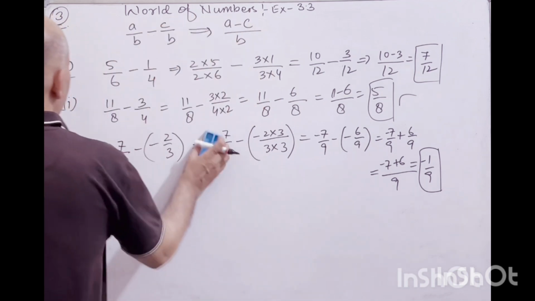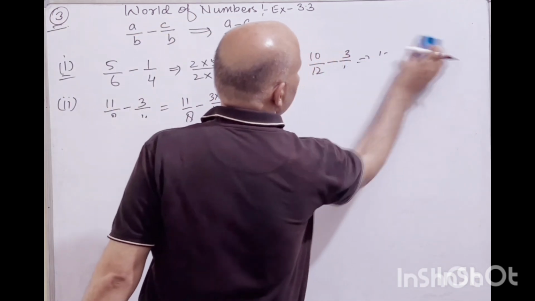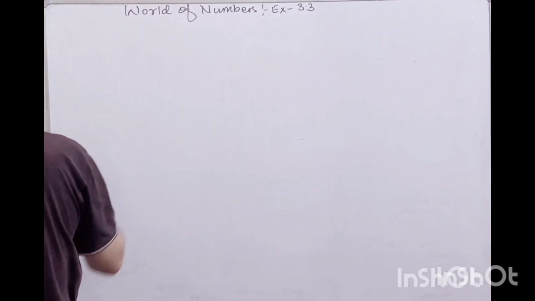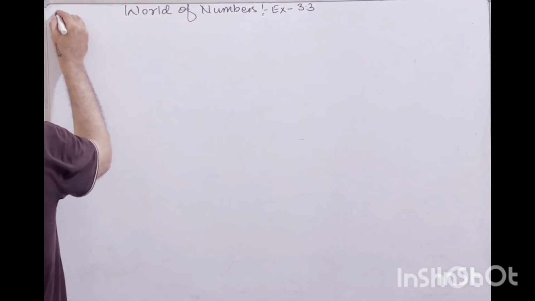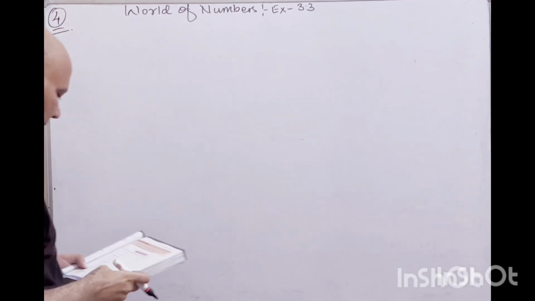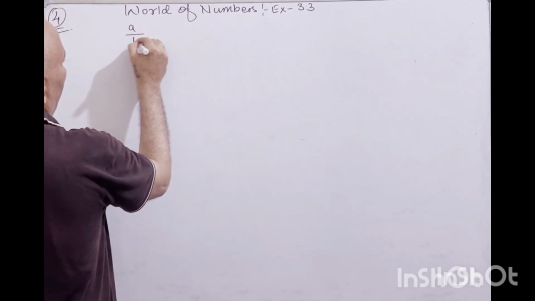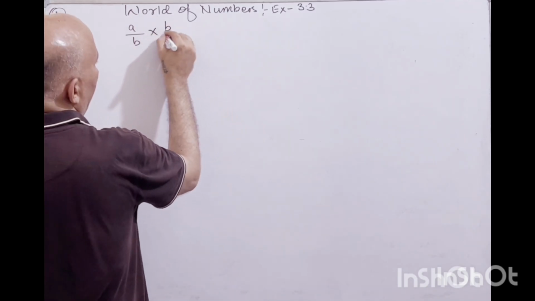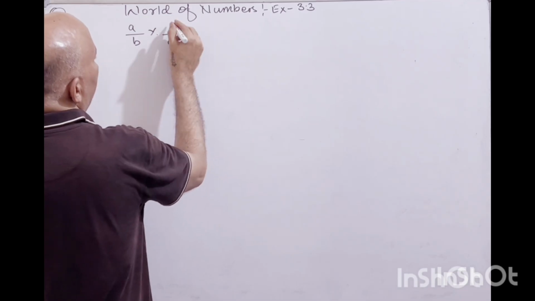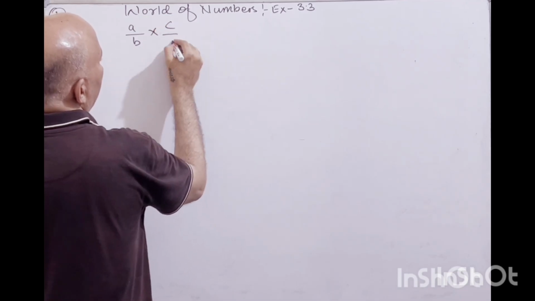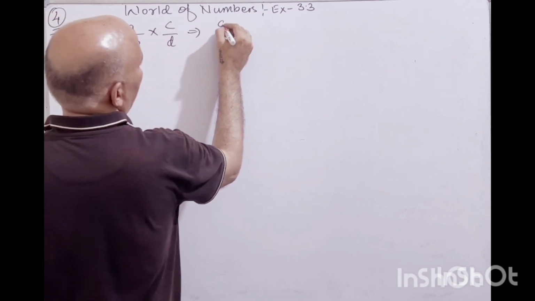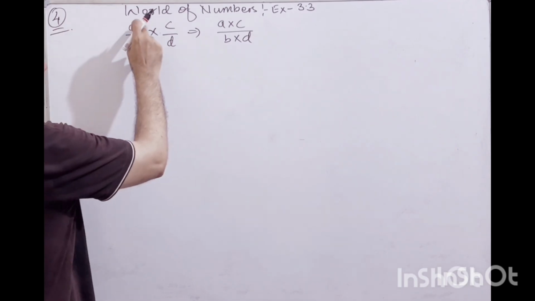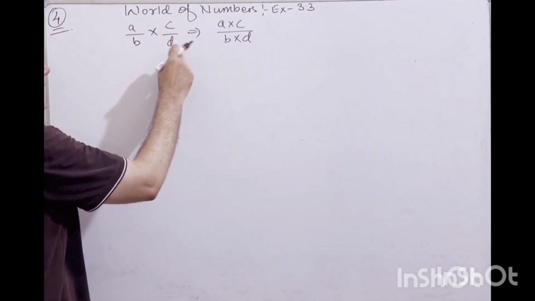The next question is related to multiplication. Question number 4 says product. If we have been given A upon B and C upon D, this is simple: A multiplied by C and B multiplied by D. This is the rule: numerator multiplied by numerator, denominator multiplied by denominator.